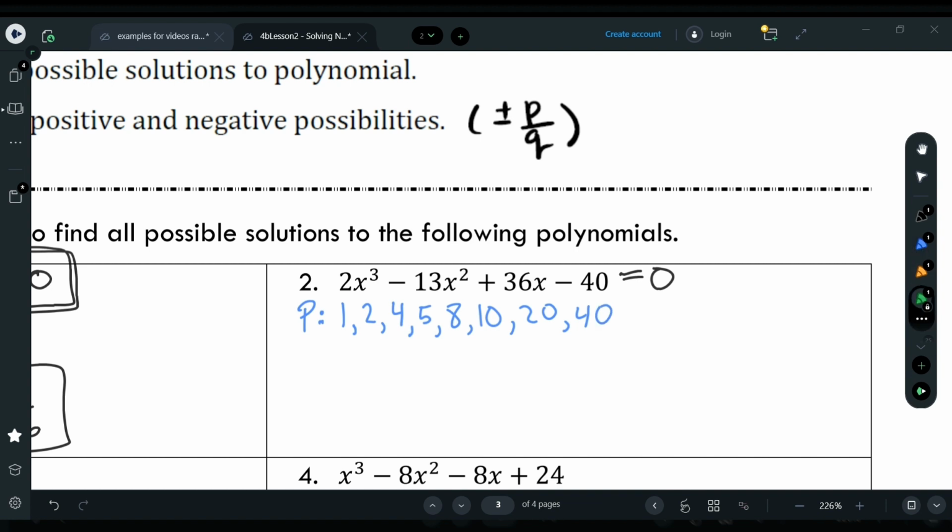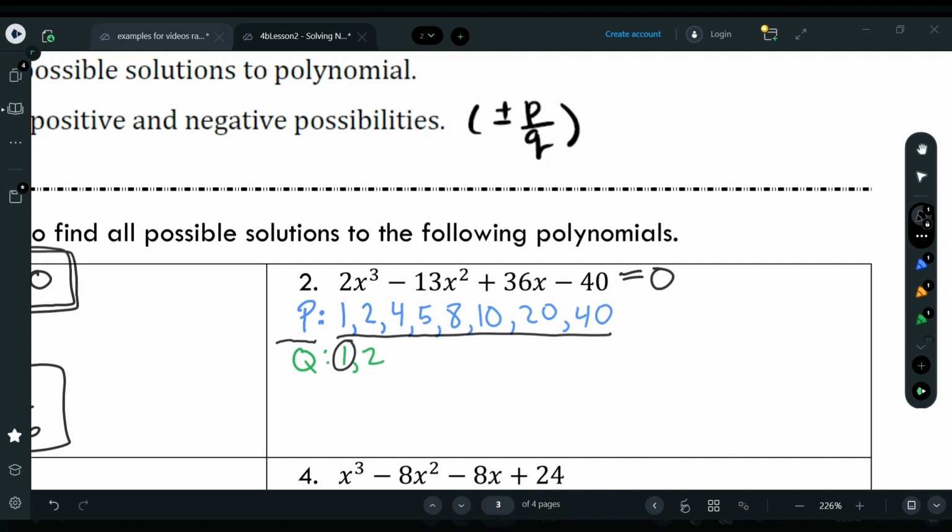And then our Q values are going to be factors of 2. And that's only 1 or 2. Okay, so our possible solutions here, every combination of P over Q. So that's every combination of fraction we can get here. So let's go ahead and write these down.